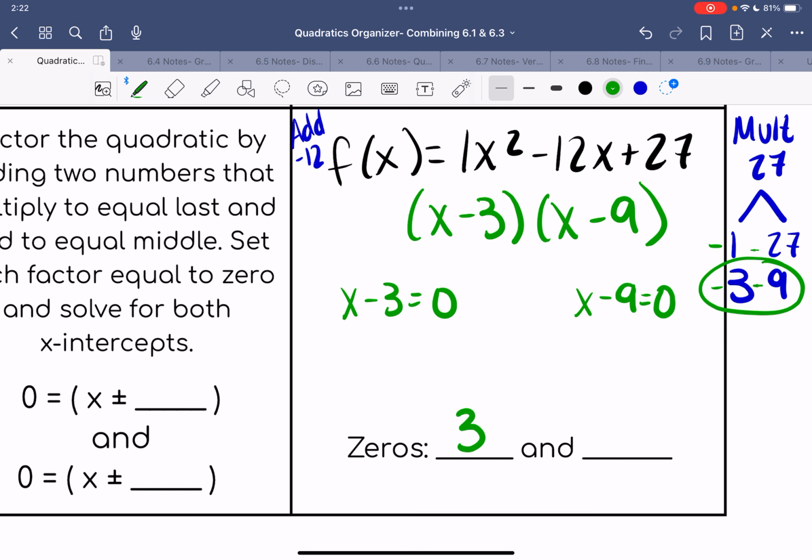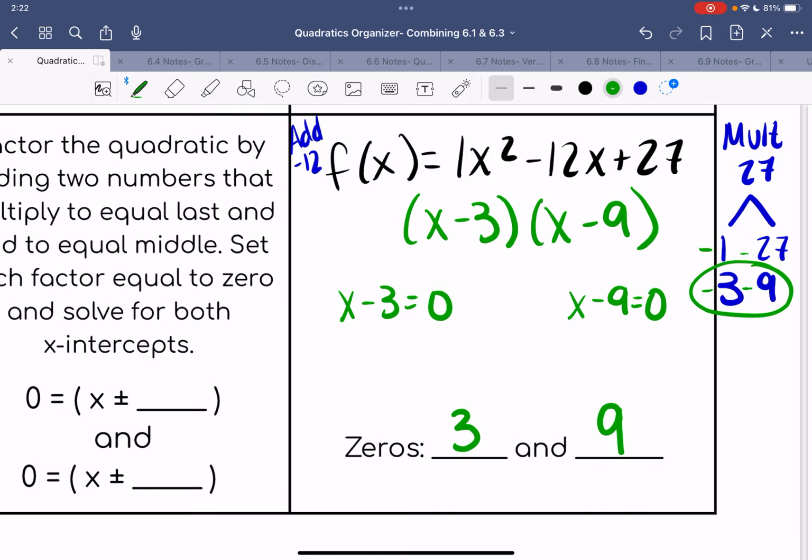Or we can think about what number minus 3 equals 0. 3 minus 3 equals 0. It's going to be the same number but opposite sign. For the other one, what number minus 9 equals 0? 9 minus 9 equals 0. Or we can think about adding 9 to both sides. So it's going to be the same numbers but opposite signs. You guys will start seeing that pattern.